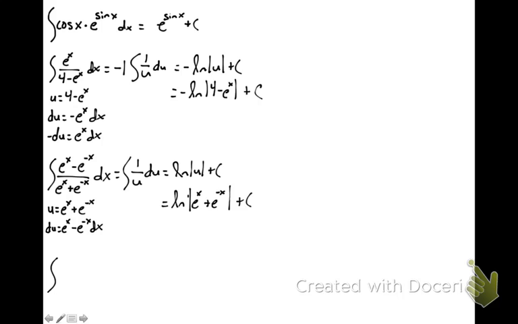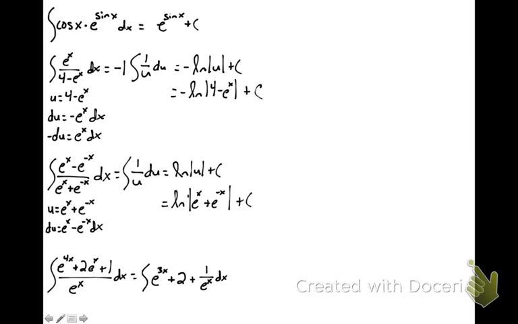Let's consider the integral, finally, of e to the 4x plus 2e to the x plus 1 over e to the x dx. Again, I'm not going to lose sight of all the things that I've studied up to this point. This is equal to the integral of e to the 3x plus 2 plus 1 over e to the x dx.